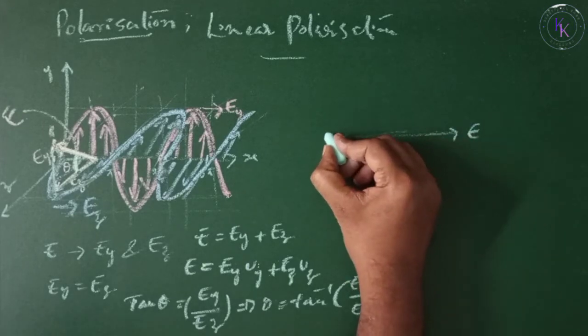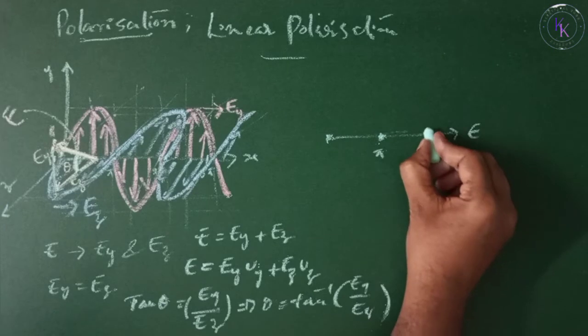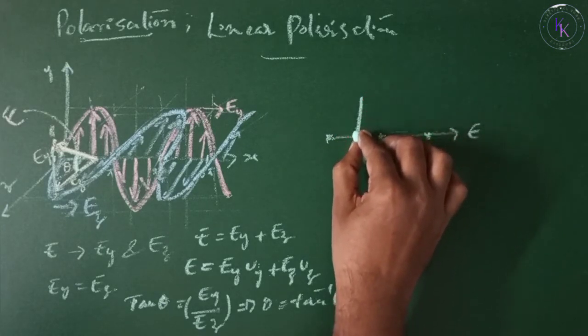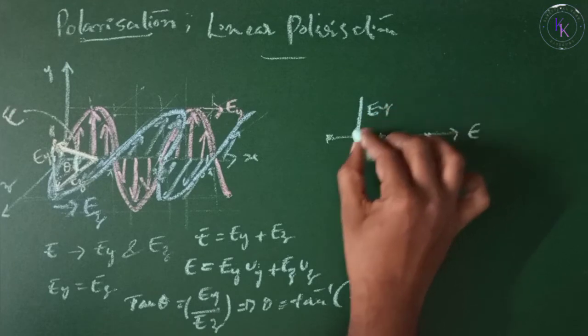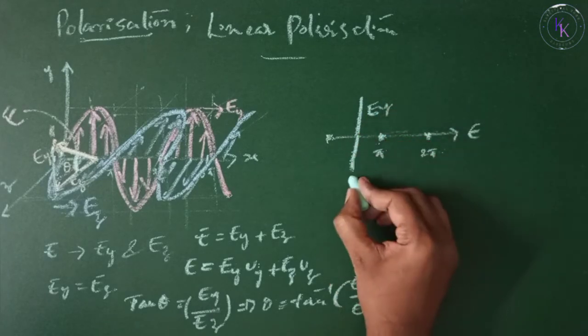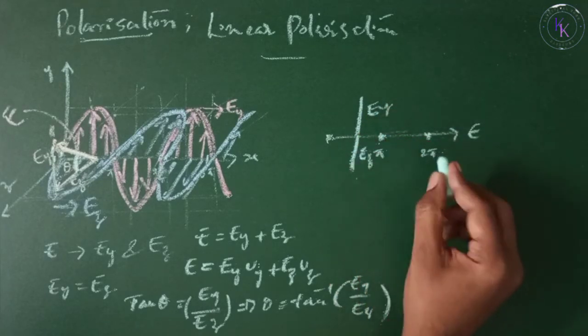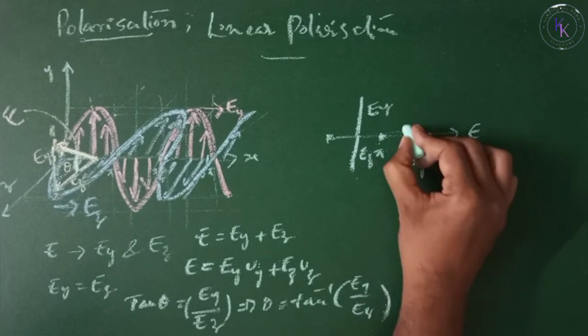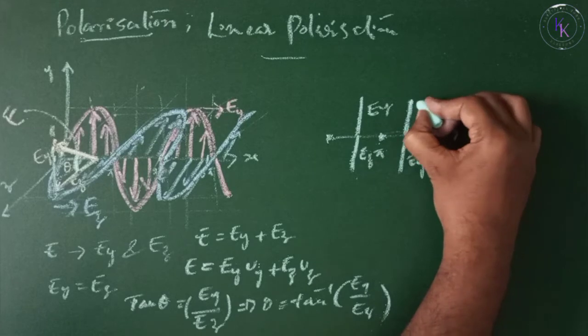at 0, both are 0, again 0 at 2 pi. In between, this is our EY and this is our EZ.